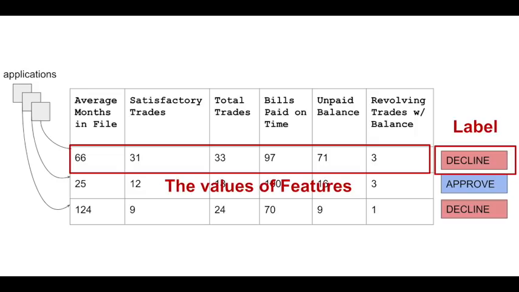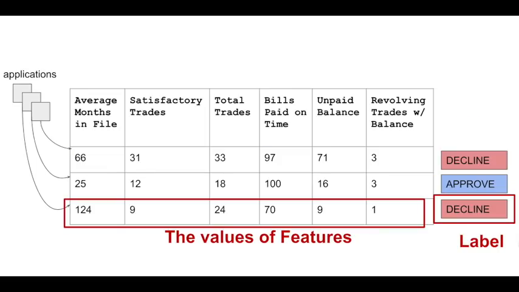The application in the first row has the following values: 66 for average months in file, 31 for satisfactory trades, 33 for total trades, 97 for bills paid on time, 71 for unpaid balance, and 3 for revolving trades with balance. And the machine learning model assigns a label, decline.